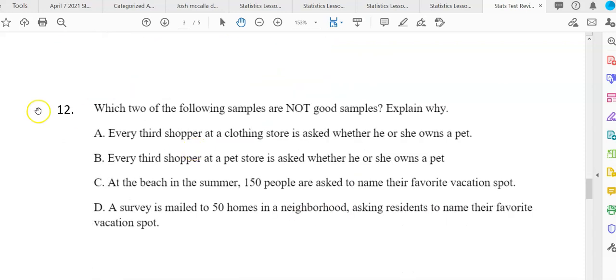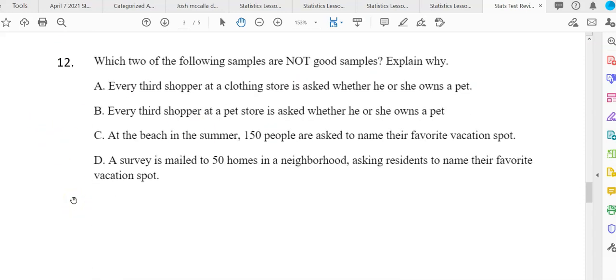I think this is a pretty good question. Twins are not good samples. So I'm okay with the first one. It's maybe not the greatest, but I can deal with that. This one is problematic. So I would think everyone who shops at a pet store owns a pet, just about.